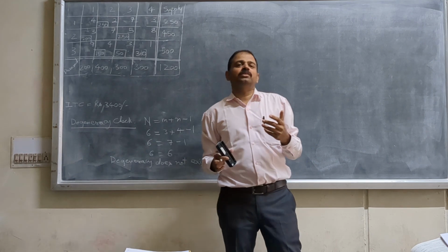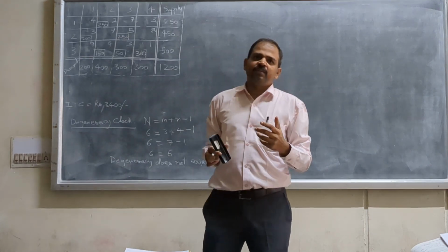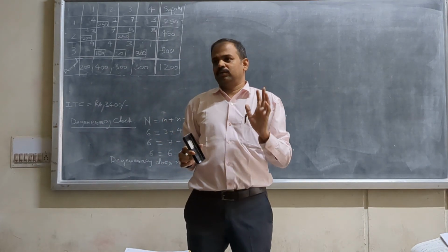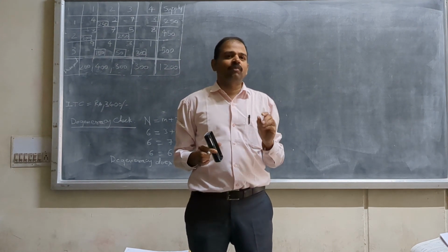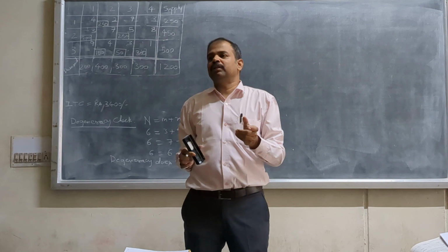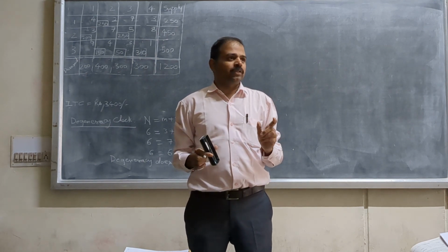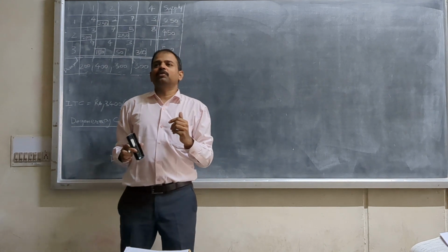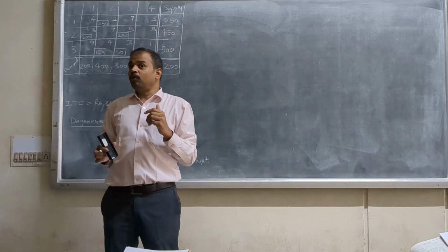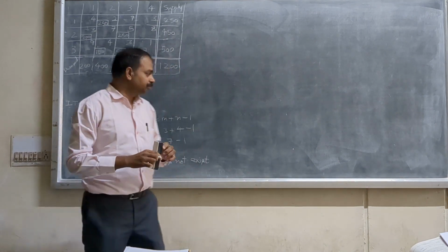In some textbooks they also mention this as the UV method, because we will find out the values of U's and V's in this method. Let us actually try to find the values of U and V. How to do it? Let us learn now.